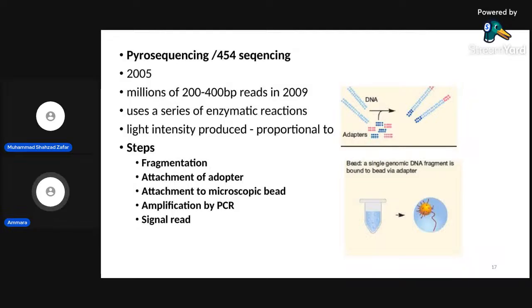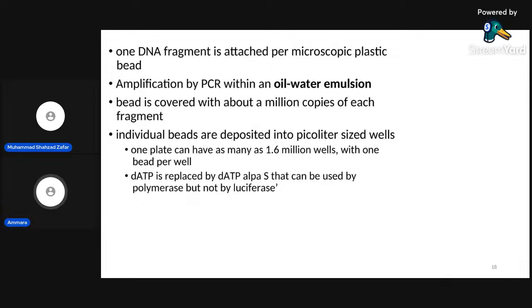When complementary dNTPs attach, pyrophosphate will be released, light will be produced, and we'll detect those light signals and generate peaks, and the different peaks will help to analyze the whole DNA sequence.